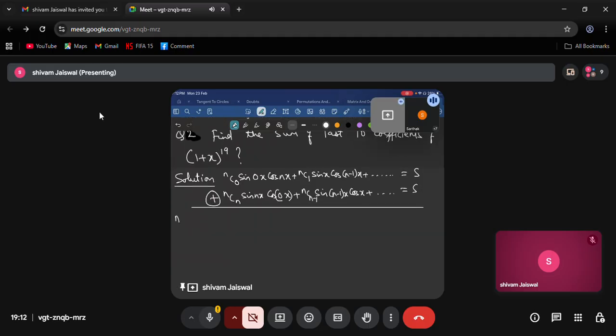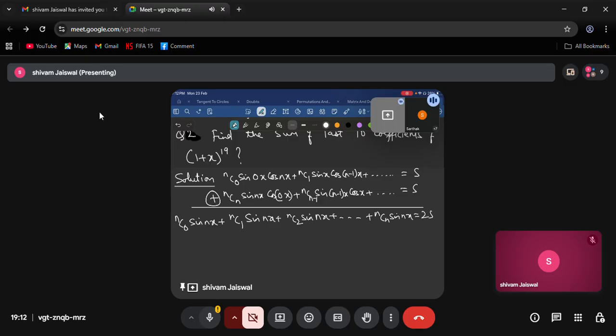You are going to get nC0 into sin nx, since sin 0x cos nx plus sin nx cos 0x gives sin nx only, plus nC1 into sin nx plus nC2 into sin nx plus dot dot dot plus nCn into sin nx. This will be equal to 2S.